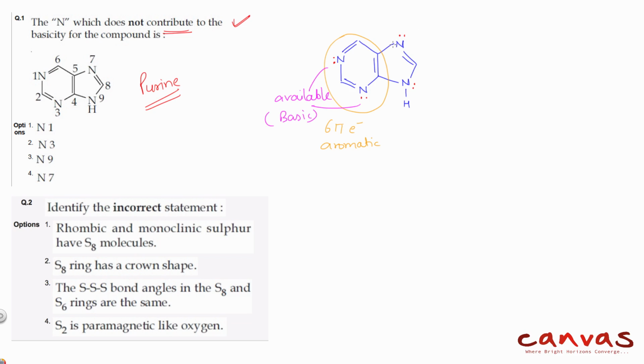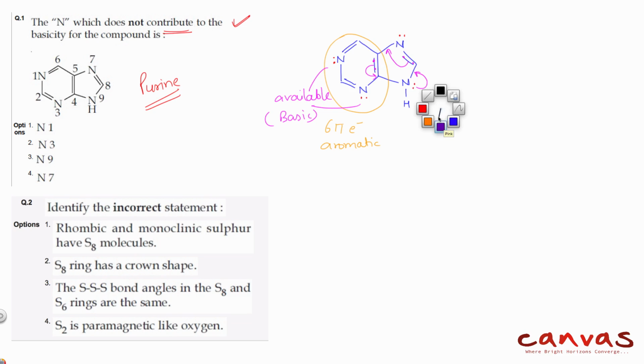Now in the right side ring, you can see these two nitrogens have the lone pair, but this nitrogen's lone pair will be involved in conjugation. To make this ring aromatic, we need 6 pi electrons. So we can count these two, and these two, 6 pi.